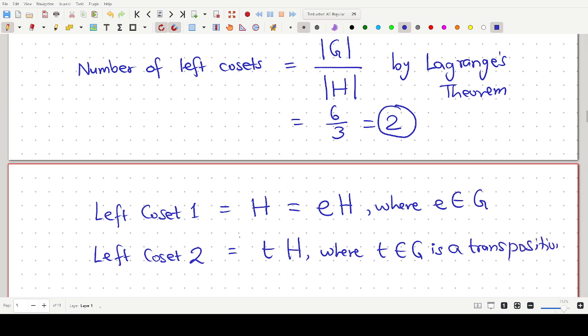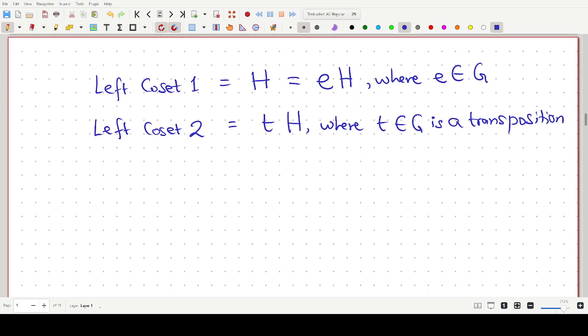Now, a transposition is a permutation where only two positions are interchanged. So, without loss of generality, let us consider our T to be equal to 1, 2, 2, 1, 3, 3. And we will find out what is the coset TH.